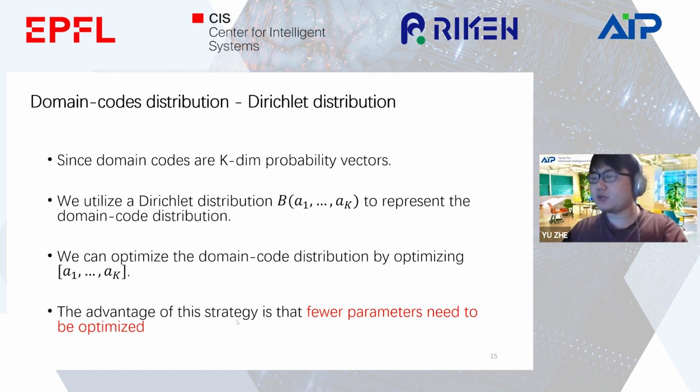The advantage of this strategy is that fewer parameters need to be optimized, because here the large K is the number of domains. In domain generalization settings, usually K is less than 100, which means there are very few parameters we need to optimize.